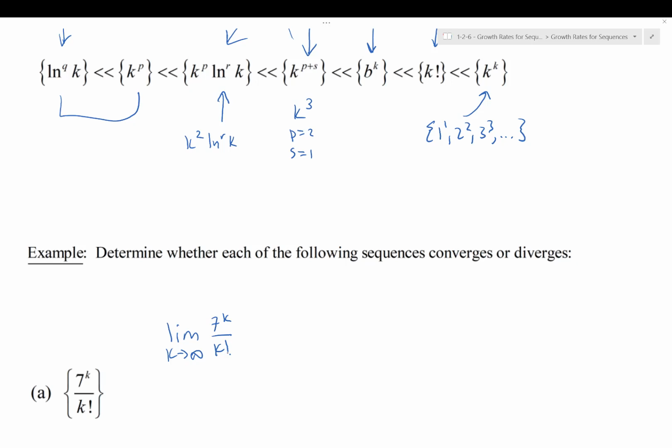And 7 to the k is like a b to the k up there, where b is 7. So k factorial grows faster than that in the long run, and hence this is just going to be 0. So it converges to 0 because in the long run, as k goes to infinity, k factorial grows faster than 7 to the k.